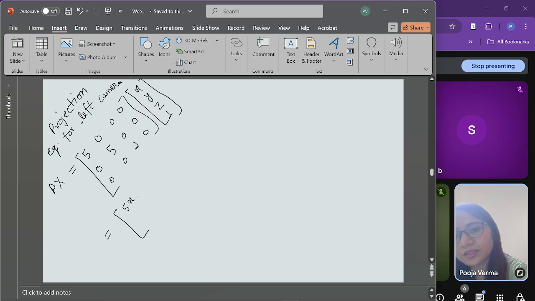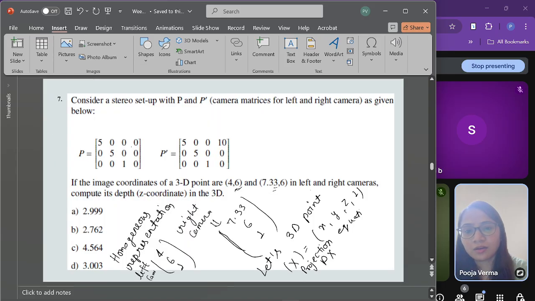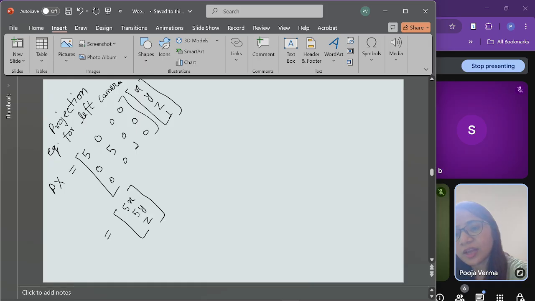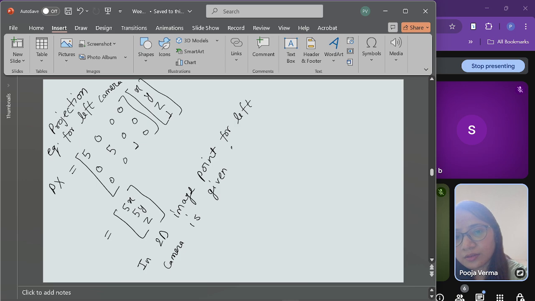Here it is 5x, and for the next one it is 5y, and all other values are 0, and for the last one you will get z. This is the projection equation for the left camera, and the point given in the 2D plane for the left camera is 4, 6, right?